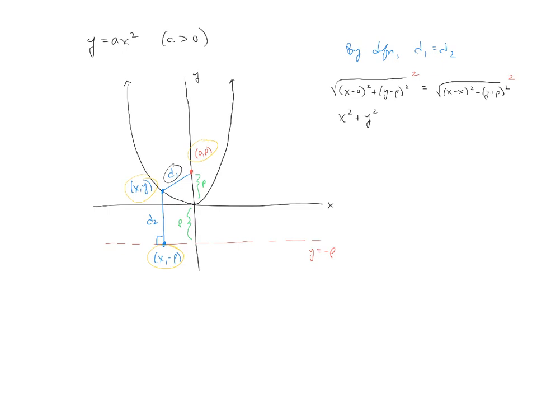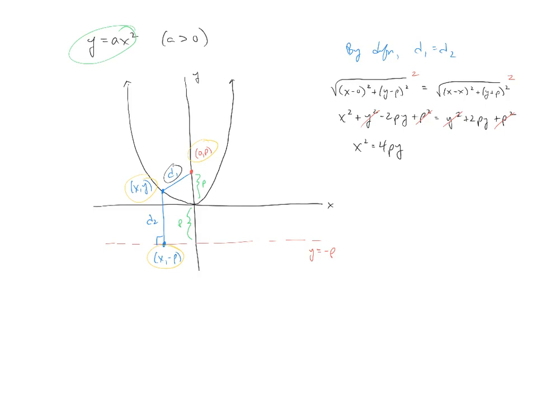So that's going to be y squared minus 2py plus p squared. And on the right, the x's go away, and we're left with y squared plus 2py plus p squared. Now, some of this goes away. Y squareds are on both sides. P squareds are on both sides. So we have x squared equals 4py.